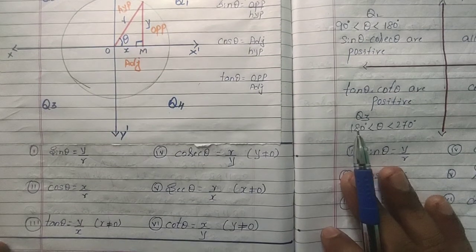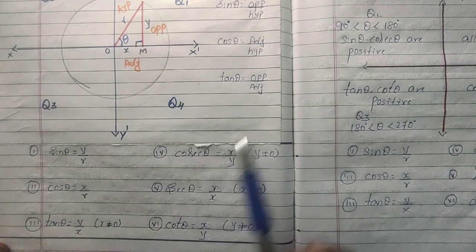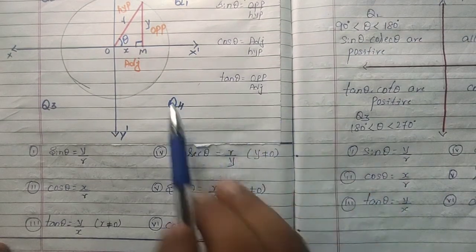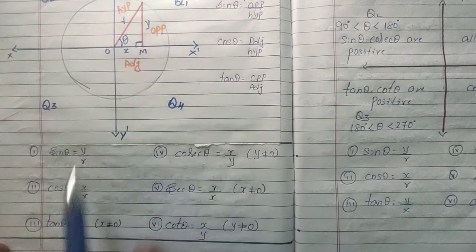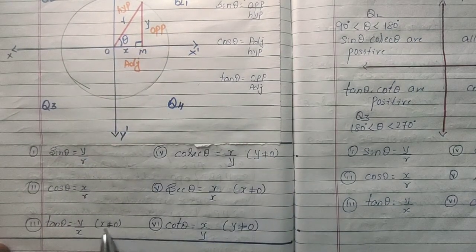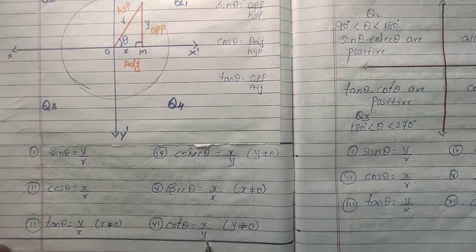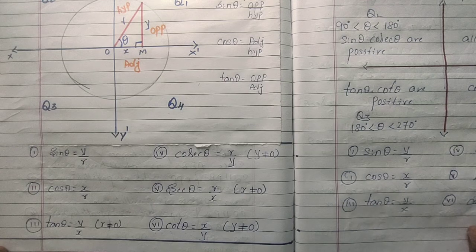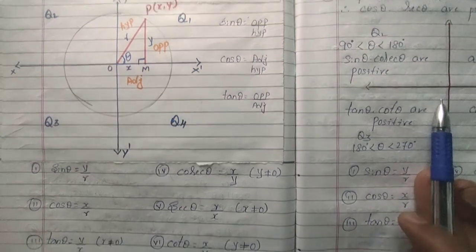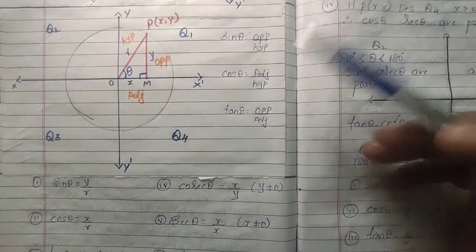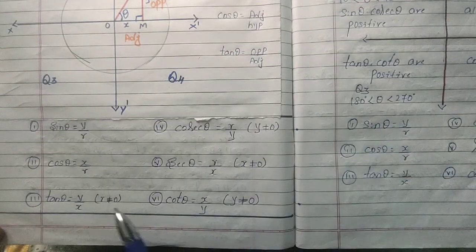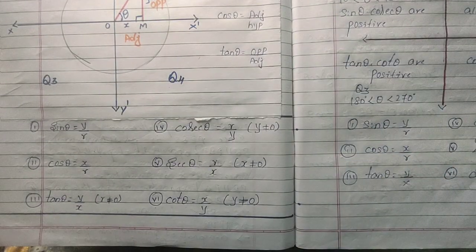Next, tan theta. Tan theta is opposite by adjacent. Here opposite is y, adjacent is x. X should not be 0. And tan reciprocal is cot. Cot is nothing but x by y, where y is not equal to 0. Students, here we are seeing all the 6 ratios: sin, cos, tan, cosecant, secant, cot.